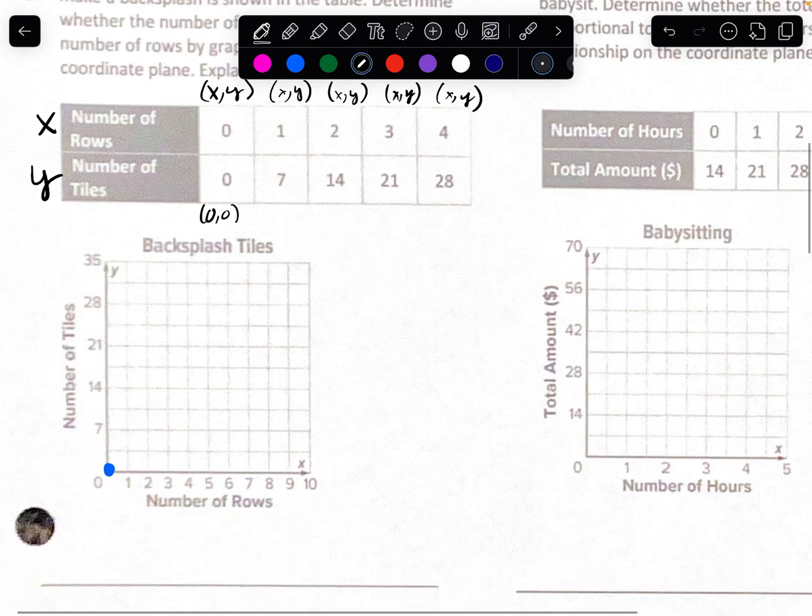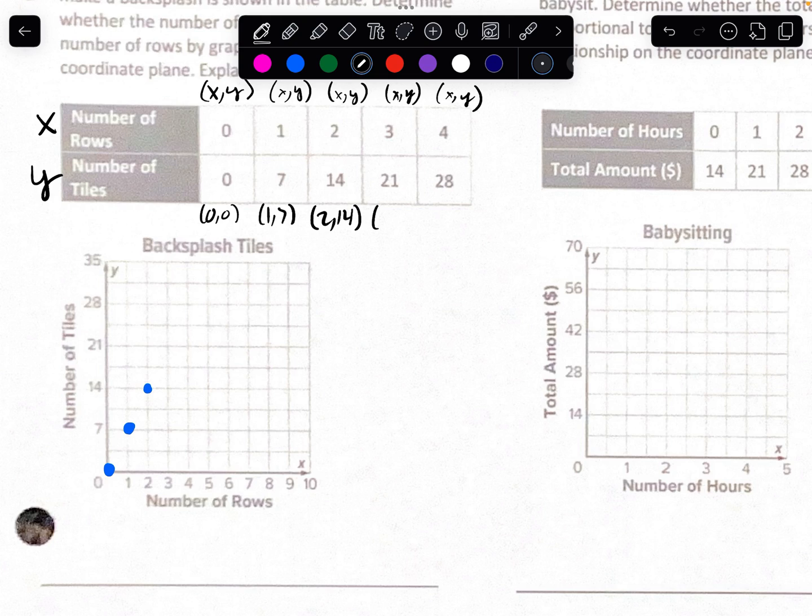So that's my origin. The next point I have is 1, 7. So I go to the right 1, up 7, and that's my second point. Next one we see 2 and 14, so I'm going to go to the right 2, up 14.